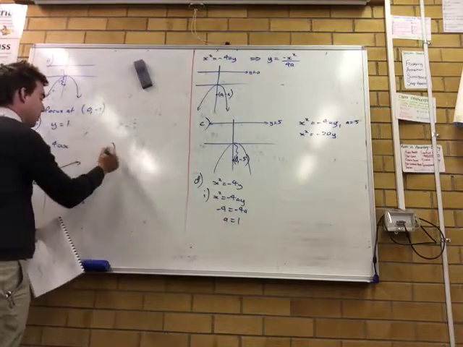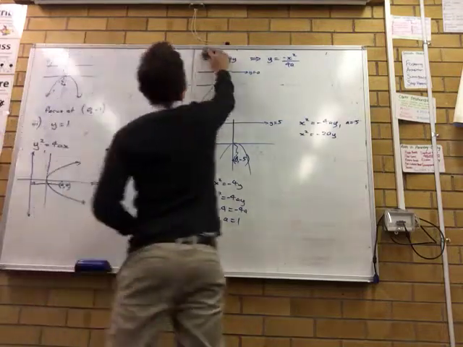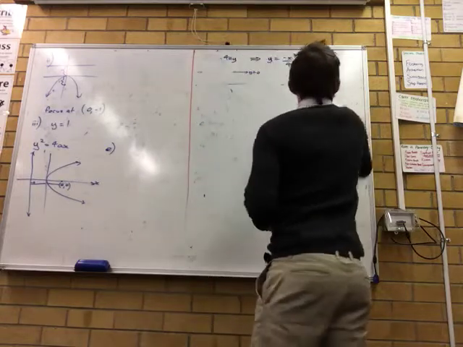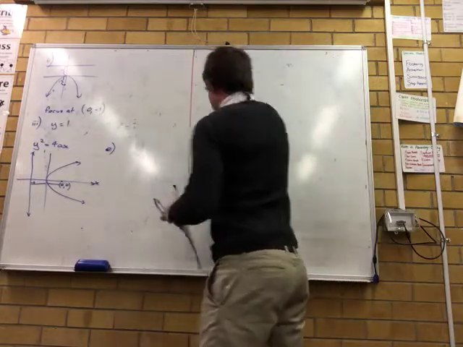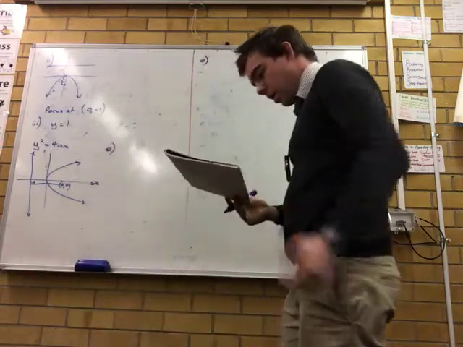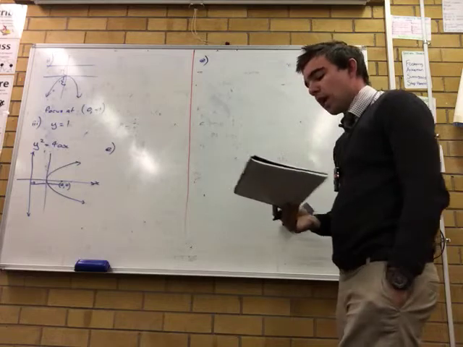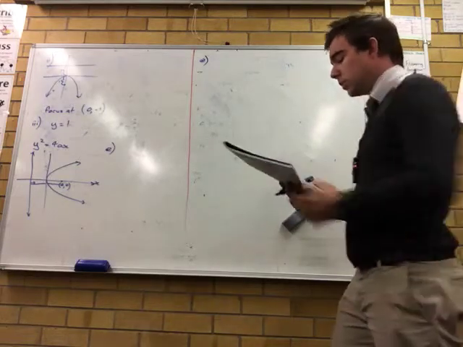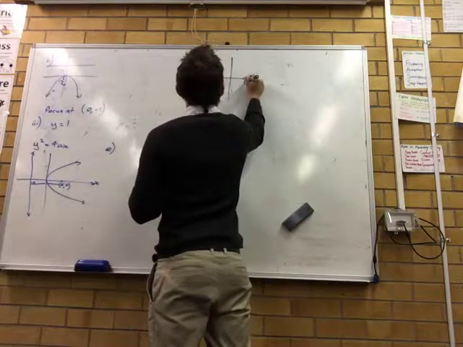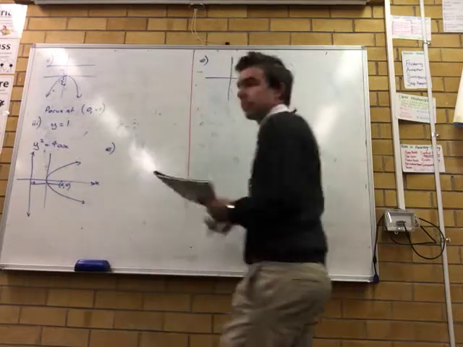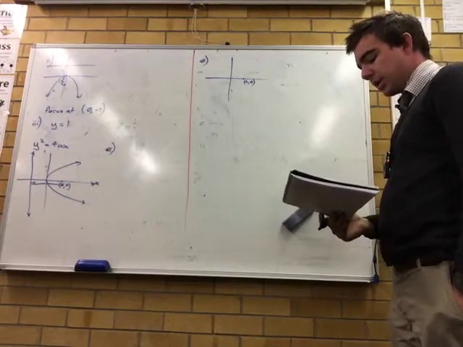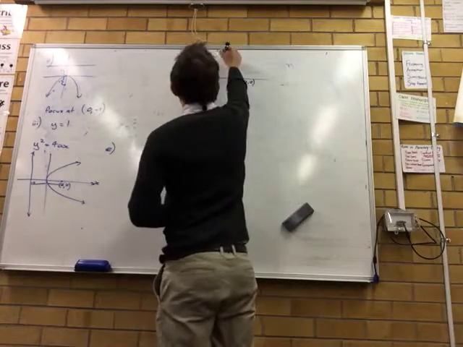Alright, E. Find the equation of the parabola whose focus has coordinates 2, 0. So let's put that in the diagram: 2, 0, and directrix equation x equals negative 2.